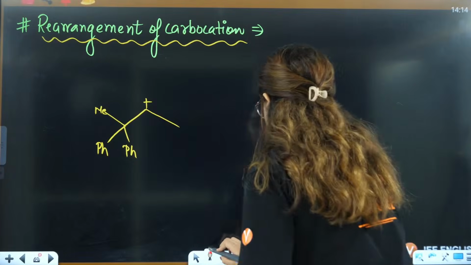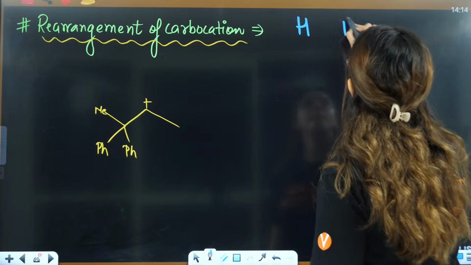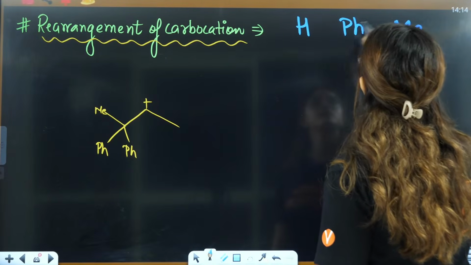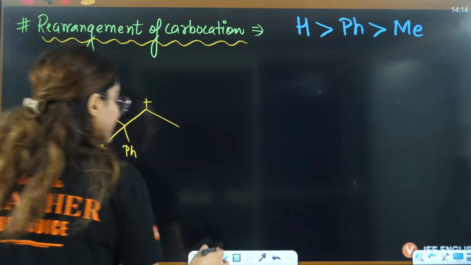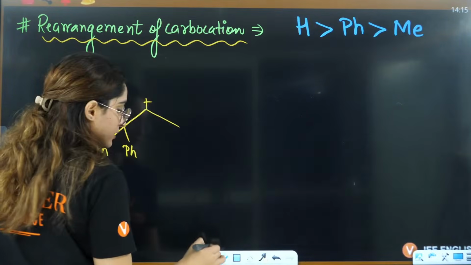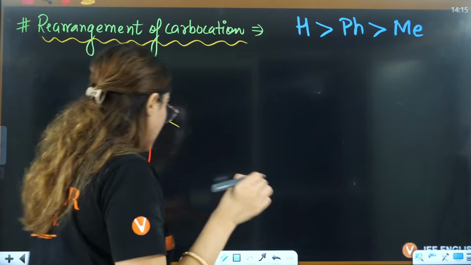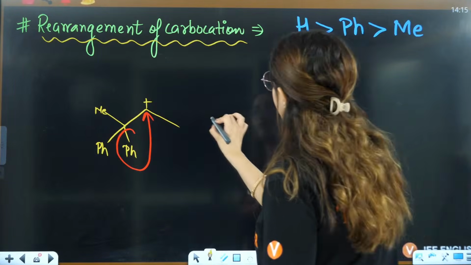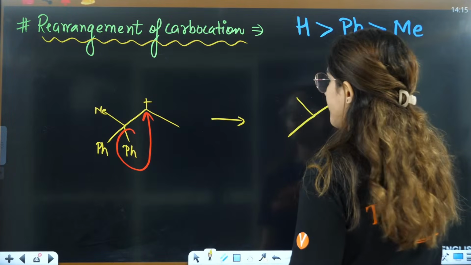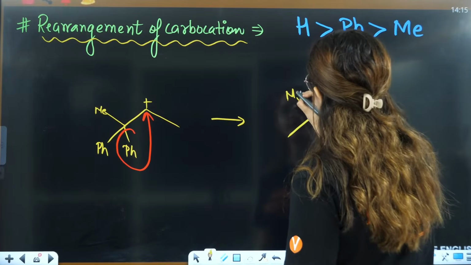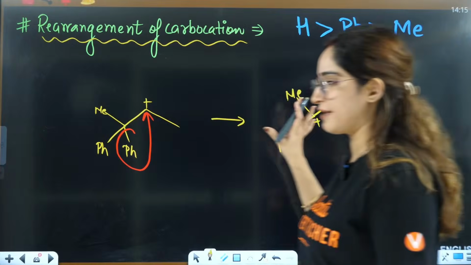So in these cases, remember the priority order always, that is hydrogen, then phenyl, then methyl. That is the migratory aptitude. So phenyl will be shifted in this case, and hence you will have the formation of this, Ph, methyl, Ph, and here you will have positive. So this carbocation will be formed.